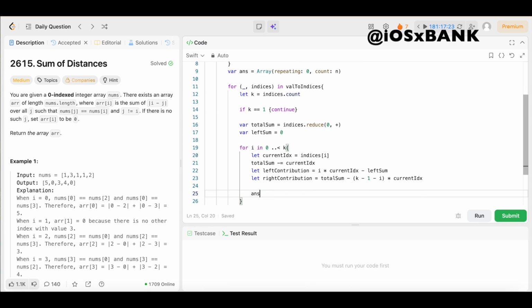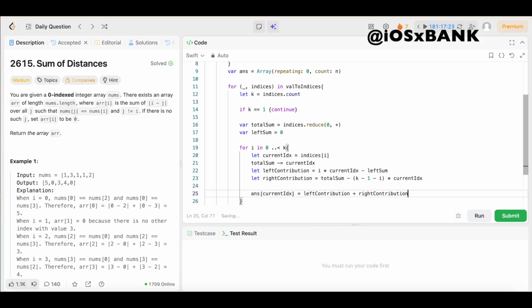We'll say ans[currentIdx] equals leftContribution plus rightContribution.